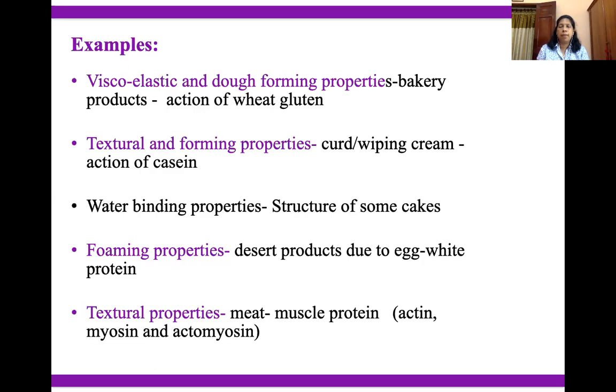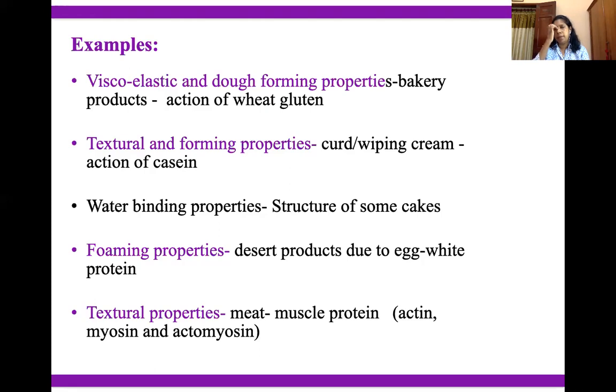There will be some porosity because you are adding a leavening agent, but such a very spongy nature you can't get, because rice flour does not have the gluten component. Therefore, the viscoelastic and dough forming properties are given by the protein in wheat gluten.